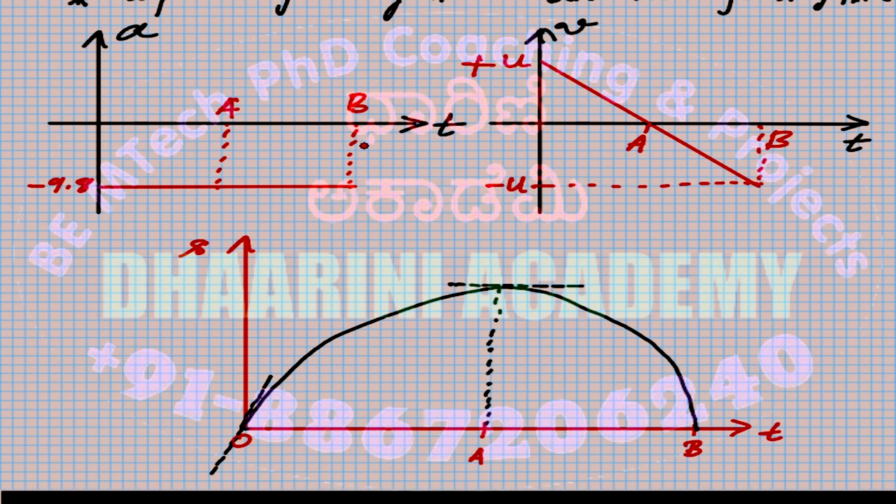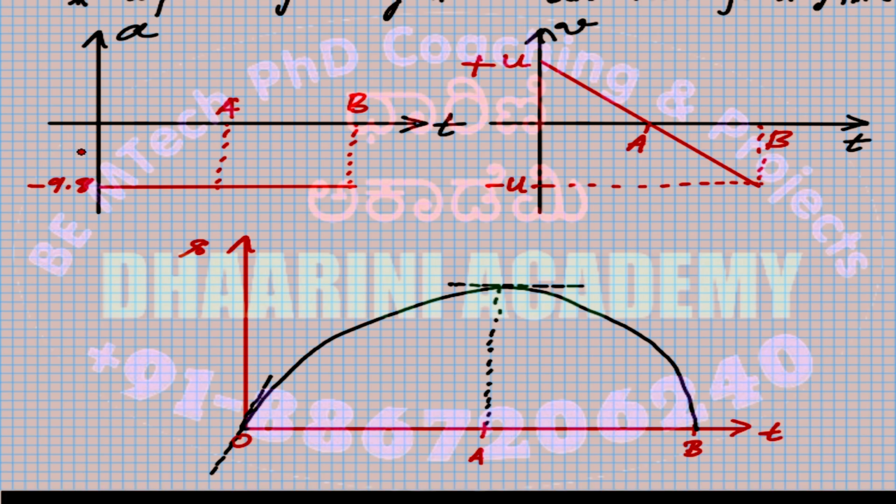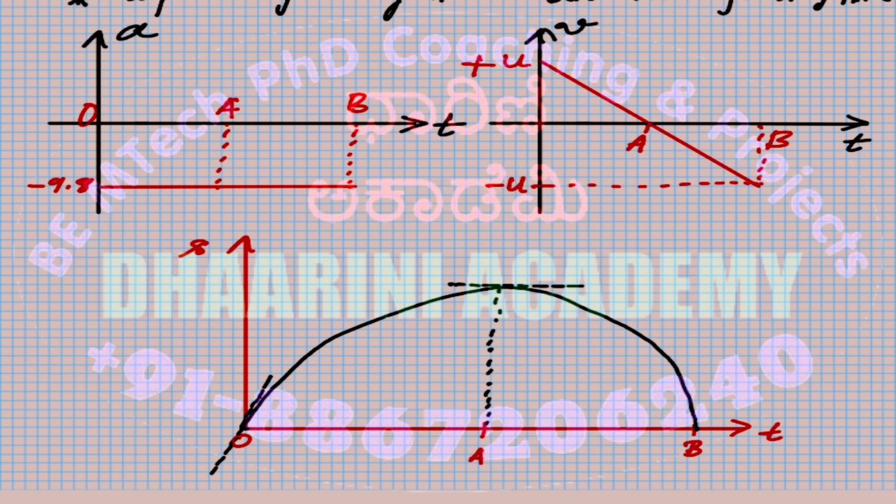The next thing, in every graph, you can see that the time taken to cover OA is the same as the time taken to cover OB. So that means time of ascent is equal to time of descent. That can be observed in every graph. Each and every graph will show you OA is equal to AB. So the time of the upward journey is equal to the time of the downward journey.